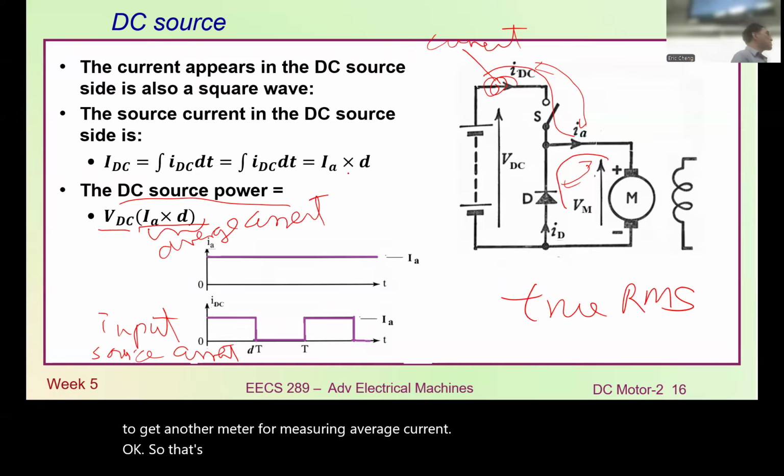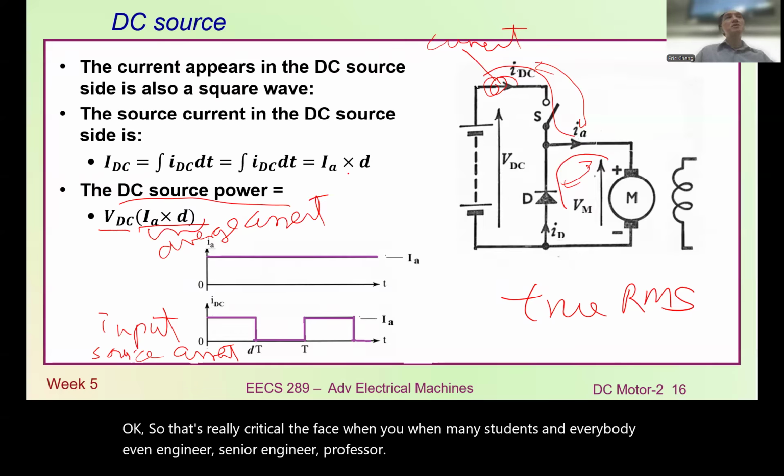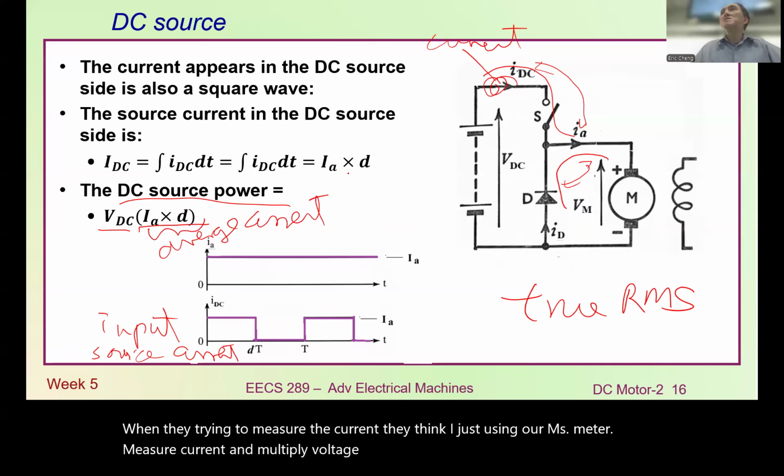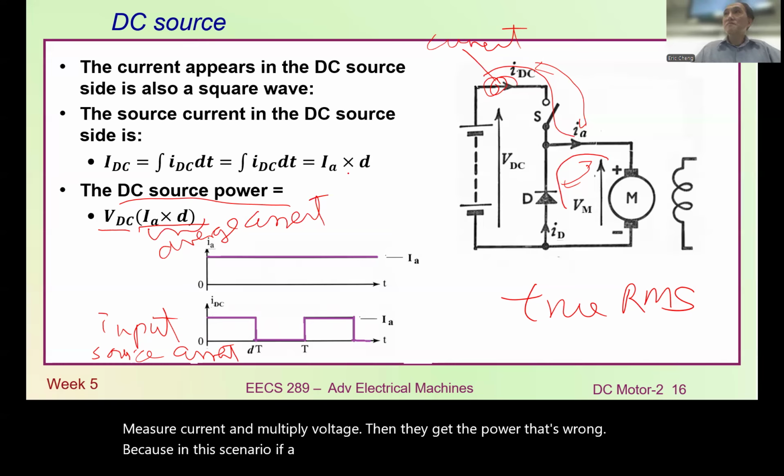Many students, even engineers, senior engineers, professors, when they try to measure the current, think, oh, I'm just using an RMS meter, measure the current and multiply by voltage, then they get the power. That's wrong, because in a DC condition like this case, we need to use average.